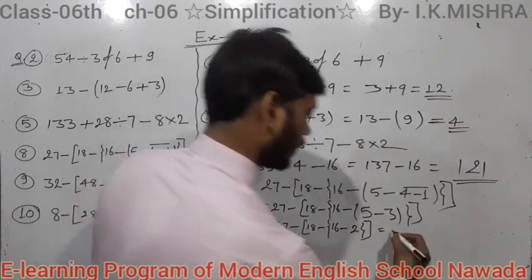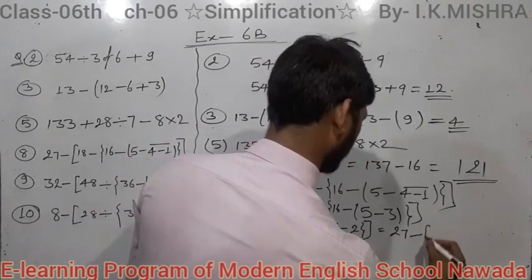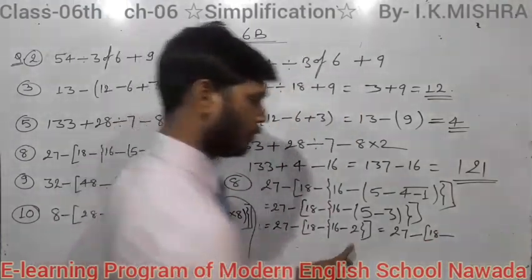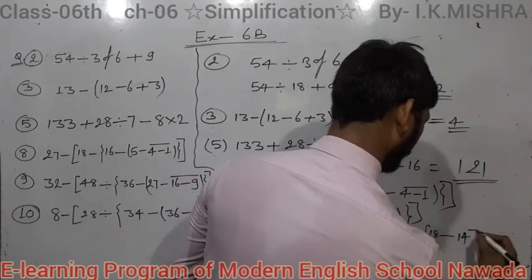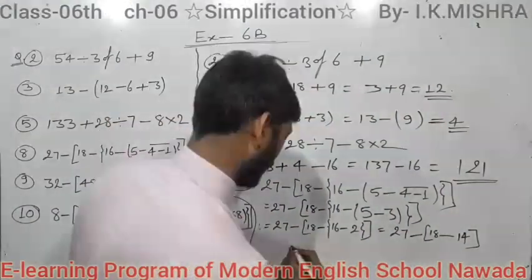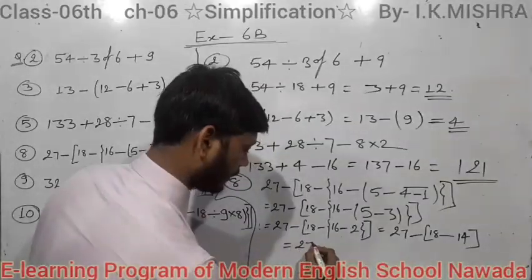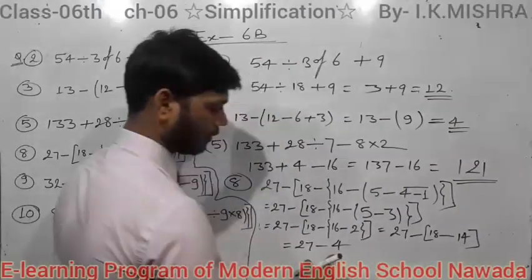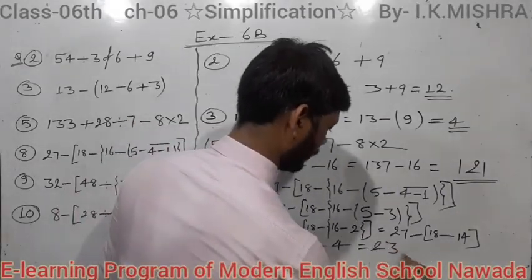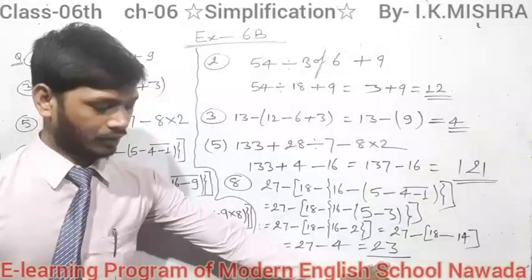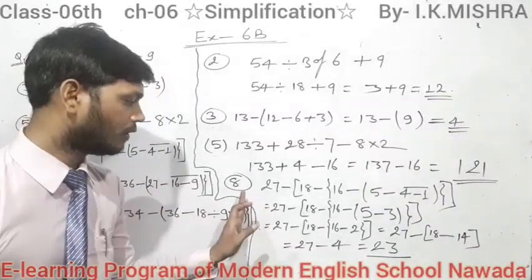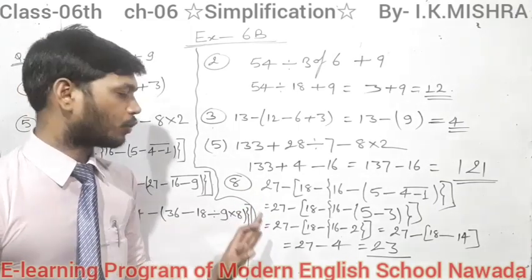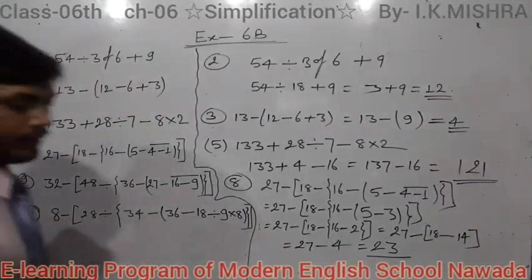After that 27 minus 18 minus 16 minus 2, 14, and curly bracket is removed. After that, here 27 minus 4, 18 minus 14, 4, and after that 23. Students, it is the simplest value of question number 8. Clear students? Now proceed to question number 9.